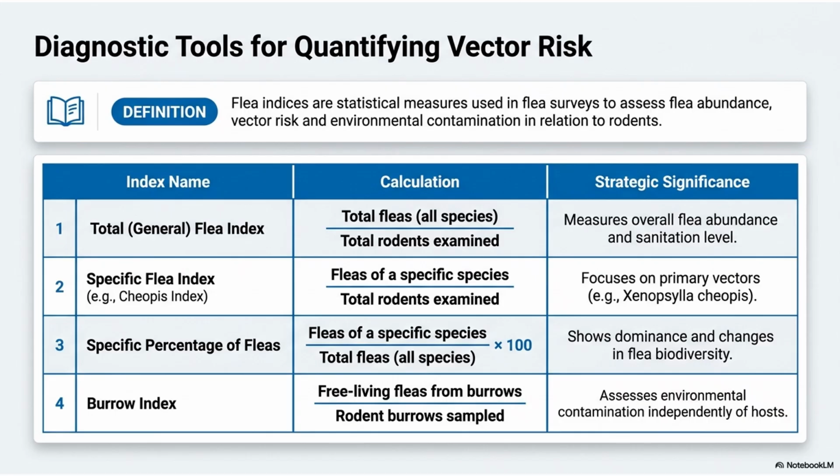We should know per rodent how many fleas of each species are there. If Xenopsylla cheopis is more, then we can tell that there is a risk of an outbreak of plague in rodents, and that will slowly be transmitted to humans also. It is calculated as fleas of a specific species by total rodents examined.